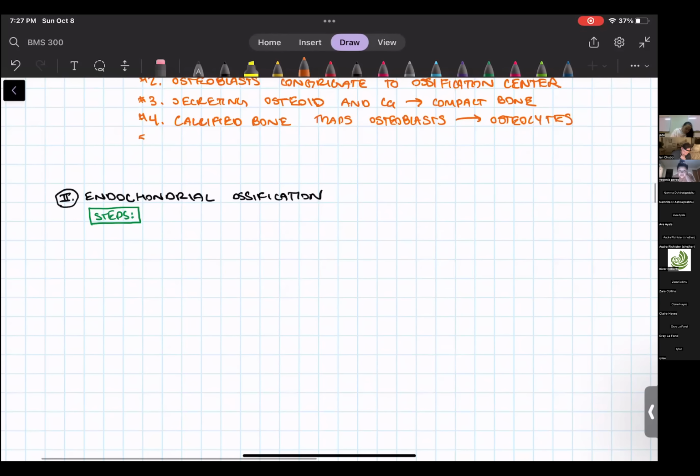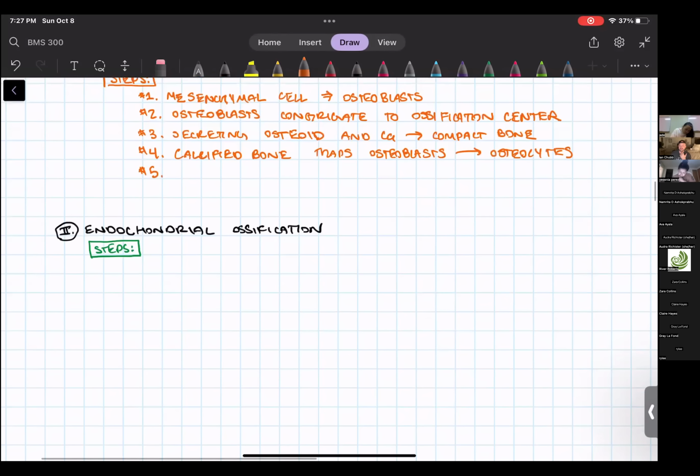And then due to the fact that mesenchymal cells, like I said, are part of making connective tissue, blood and things like that are essentially a type of connective tissue. So some of them will start to differentiate into capillaries and make up blood vessels. So once there's a blood supply present, osteoblasts make that trabecular bone.